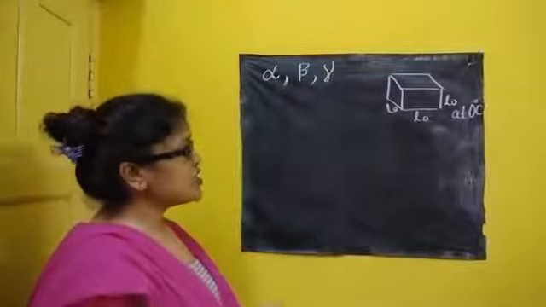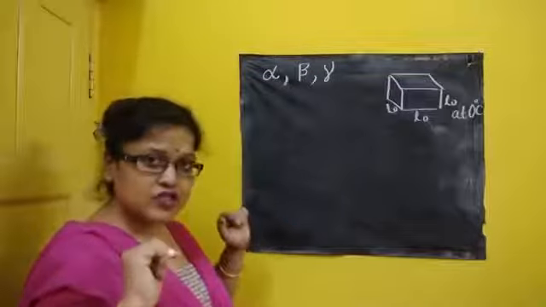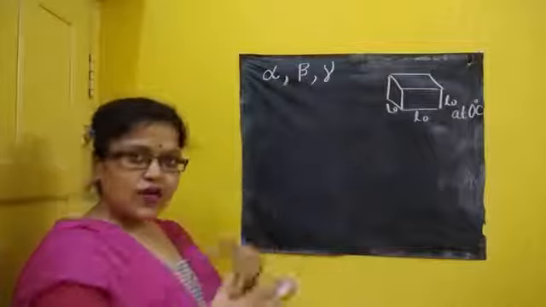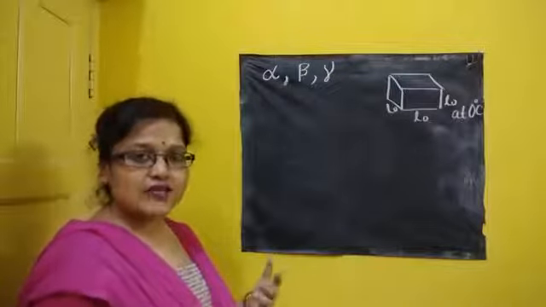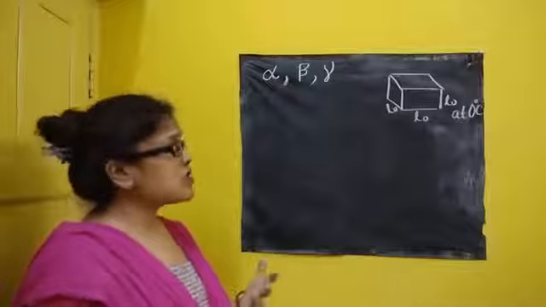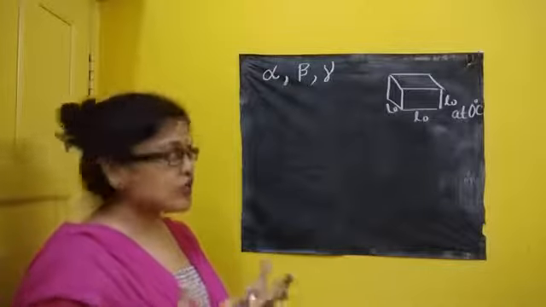So obviously the length of the solid will change. The overall surface area of the solid will change. And since length and surface area have changed, obviously the volume of the solid also changes.